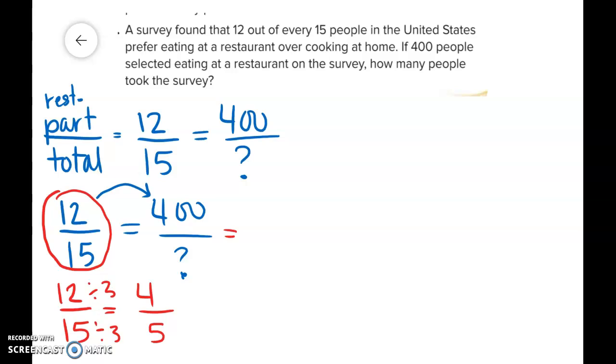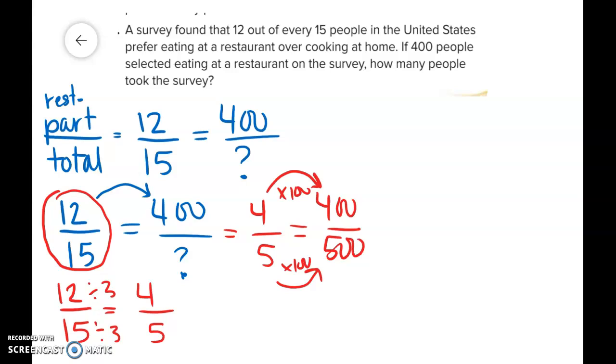Then what I'm really saying is, well, if 4 out of every 5 people prefer eating at a restaurant, and I know that 400 people chose to eat at a restaurant, now all of a sudden, this path of taking 4 times 100 and doing 5 times 100, then now I know that they surveyed a total of 500 people.